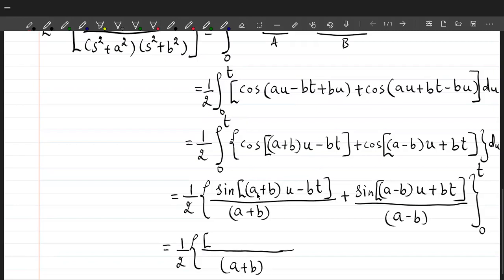I get sine of A plus B, upper limit for U is t. So I get sine of A plus B into t minus BT, correct? So I think you should be getting sine of AT as the upper limit value, because you get plus bt which will be cancelled with minus bt.